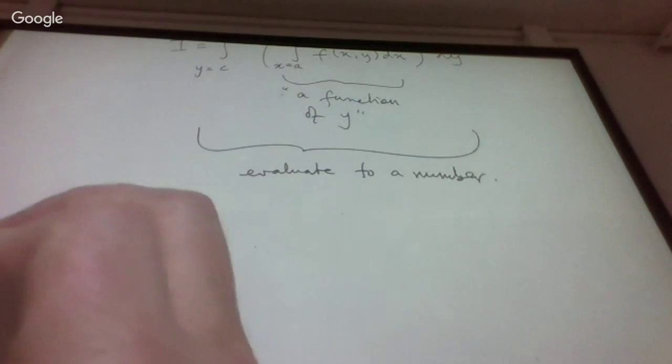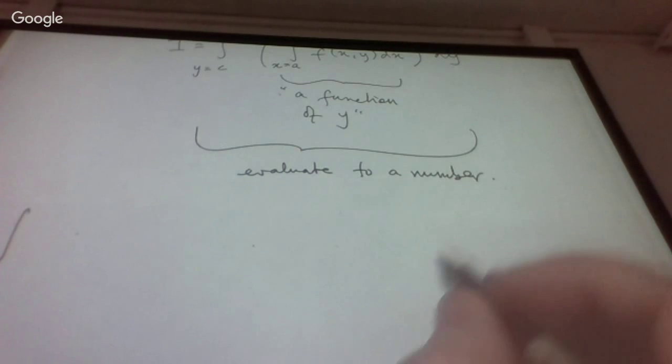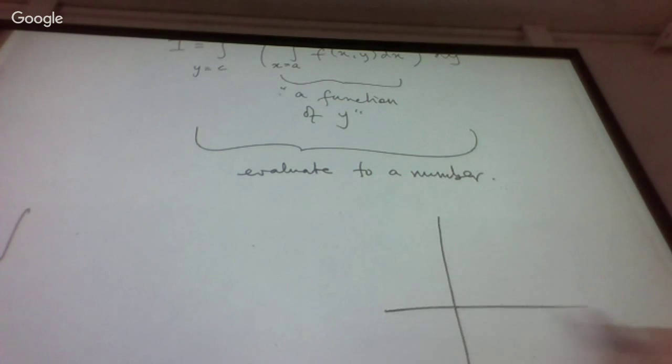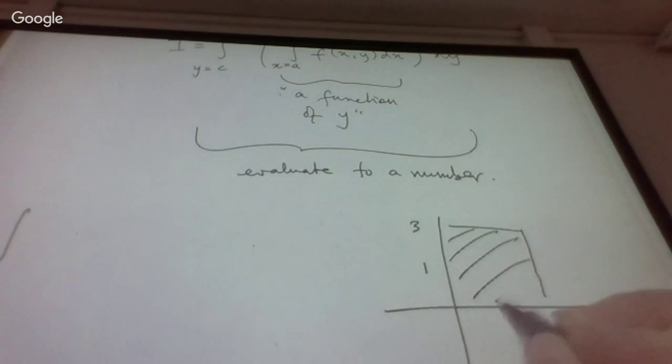So here we're dealing with an integral I, which is, well, we'll sketch the region R. So the region is between x equals 0 and x equals 2, and y equals 1 and y equals 3. We've got 1 and 3, and we've got 2 here, so we're talking about this rectangle. So this is the region R.